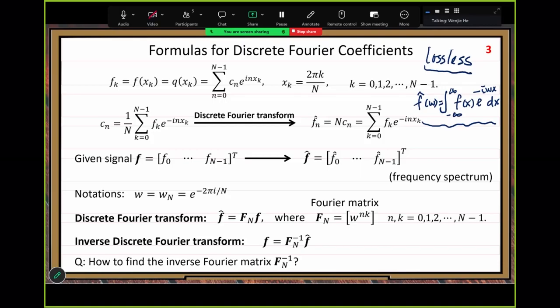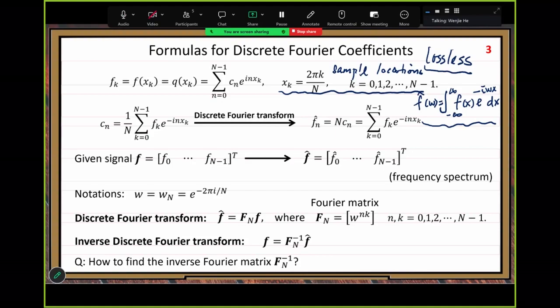So what's the xk? This xk we call the sample locations, the given data. When you calculate different discrete Fourier coefficients, you just use different sample locations.